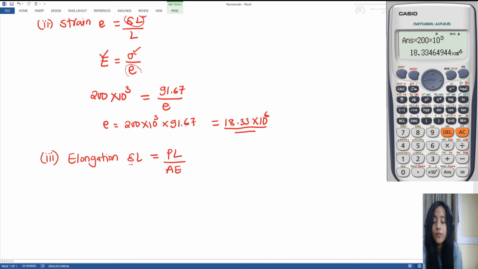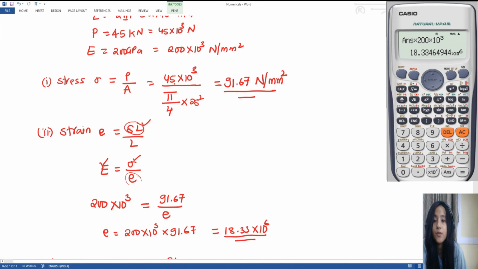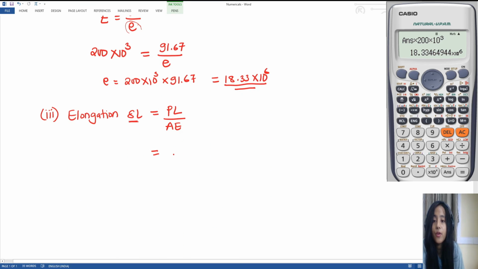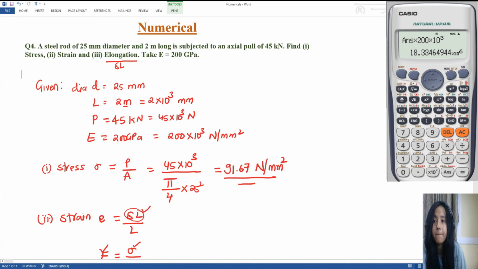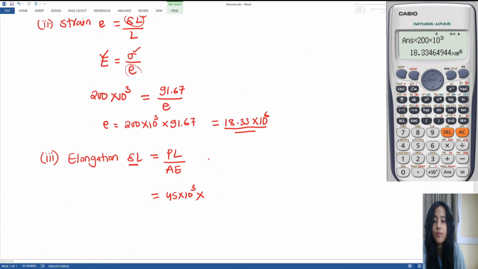So P is 45 into 10 raised to power 3 Newton, length of the rod is 2 meter, which is 2 into 10 raised to power 3 mm.